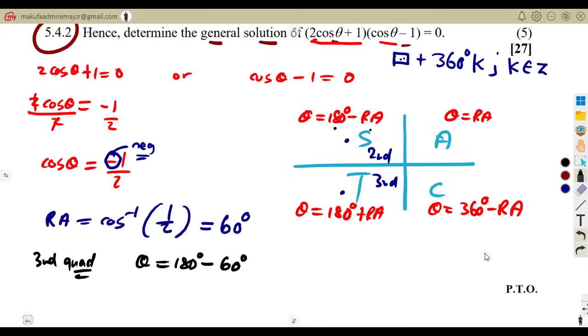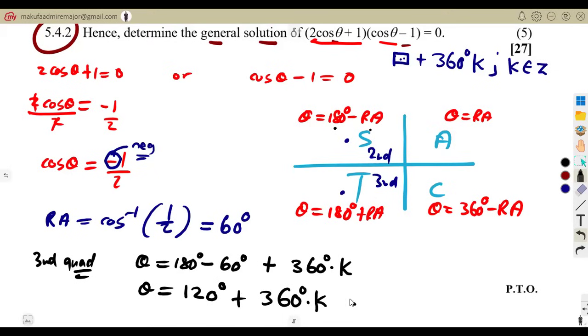Like I said, remember the general solution of a cos. So we're going to add 360 degrees times k. So our theta was going to be 180 minus 60. 180 minus 60, that's 120. So that's 120 plus 360 degrees times k. And this k is representing all the integers.